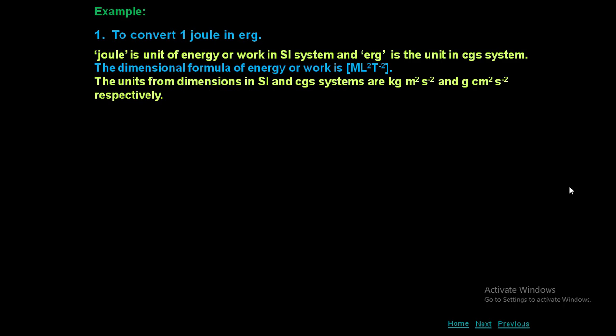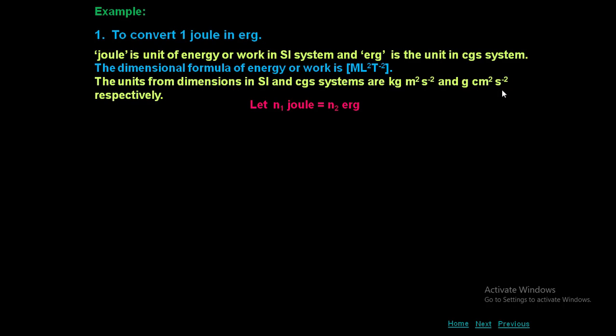The units from dimensions in SI and CGS systems are kg meter square per second square, because you can see the dimension formula, M represents kg, L represents meter, T represents second. So if you convert this into CGS, it will be gram centimeter square per second square. So joule can be written as kg meter square per second square, and erg can be written as gram centimeter square per second square.